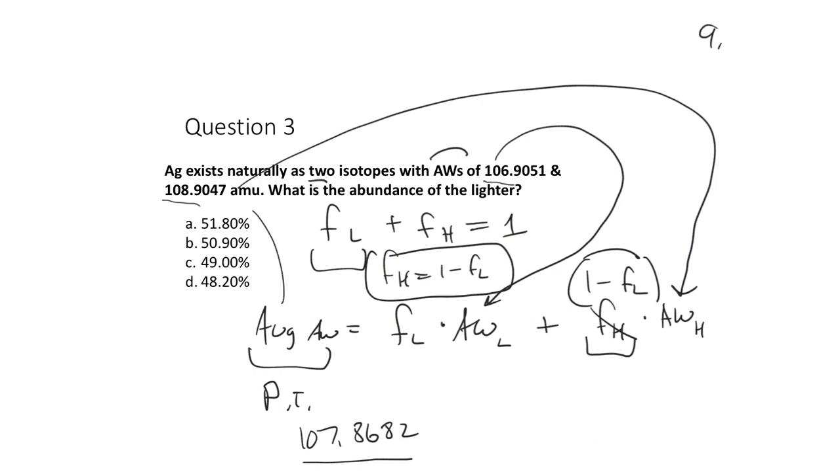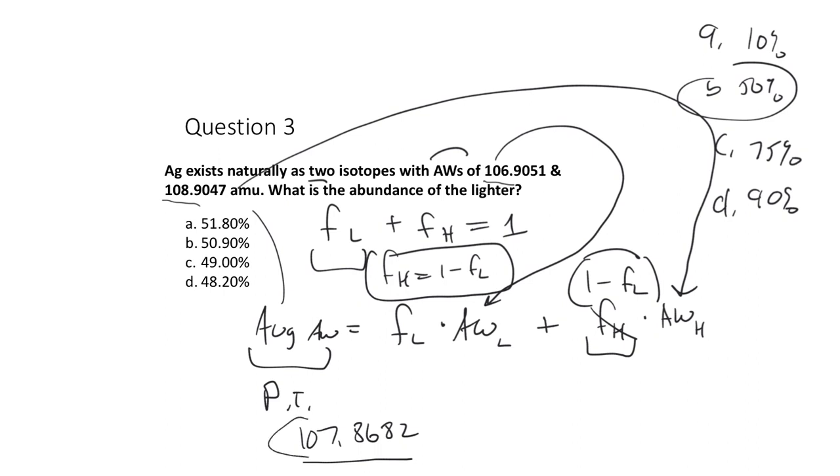But if we had a different question where maybe A was 10%, B was 50%, C was 75%, D was 90%, we would probably be pretty confident in guessing 50%. So sometimes the choices might be such that we could narrow in pretty easily with just the given information of looking at the average atomic weight.